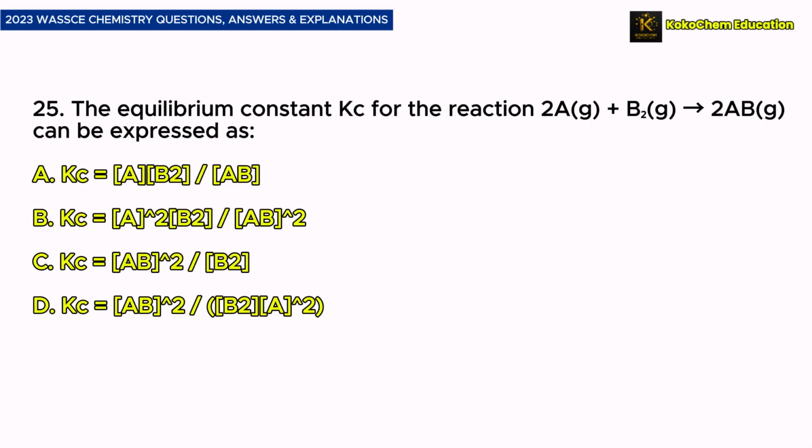The correct answer is D. Concentration of AB squared divided by concentration of A squared times concentration of B2. Explanation. So this one is just plug and play, okay? The Kc expression is built straight from the balanced equation. We take the concentration of each species and raise it to the power of its coefficient.